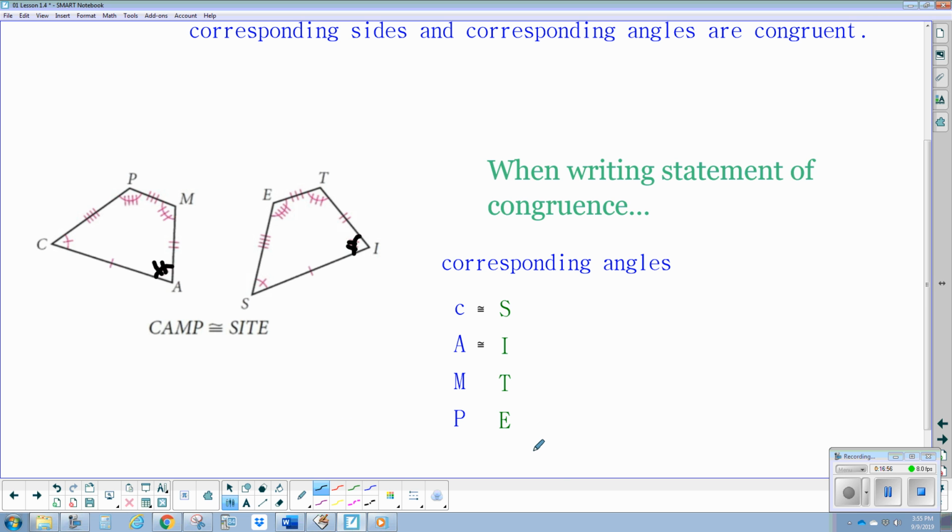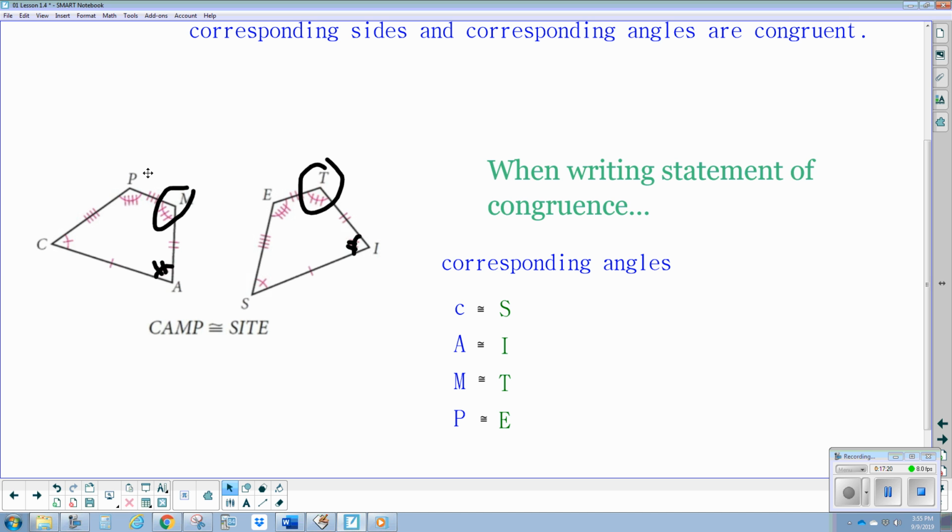If we look at M and T, in order for the polygons to be congruent, the corresponding angles have to be congruent. Here, M is an arc with three tick marks, and T is an arc with three tick marks, so they're congruent. And then lastly, we have angle P and E. We have an arc with four tick marks and an arc with four tick marks.